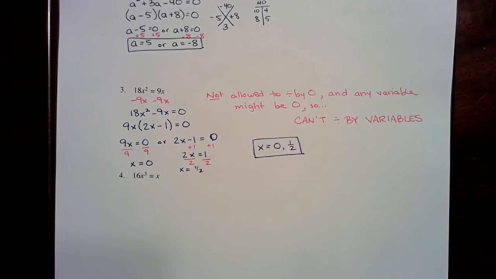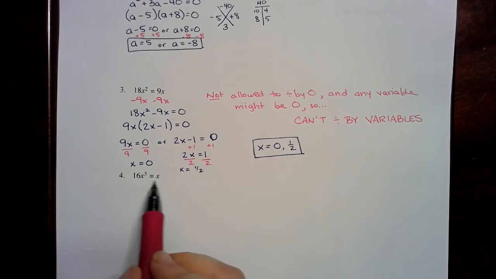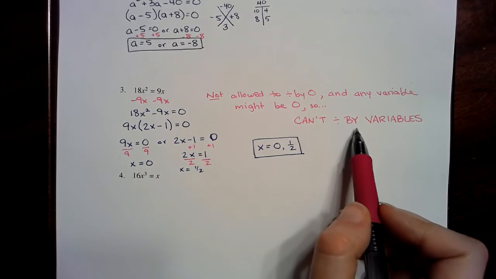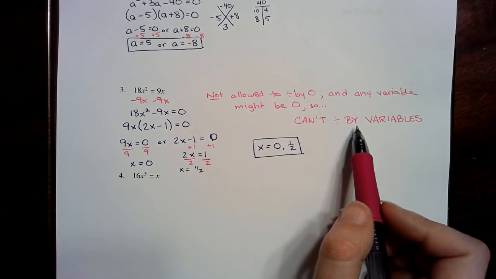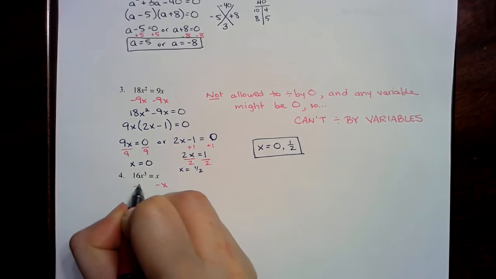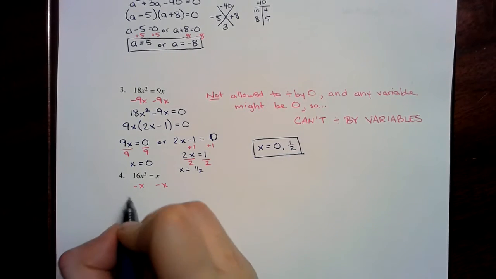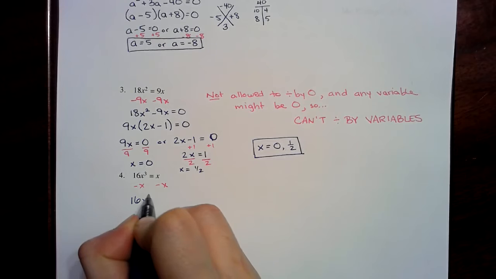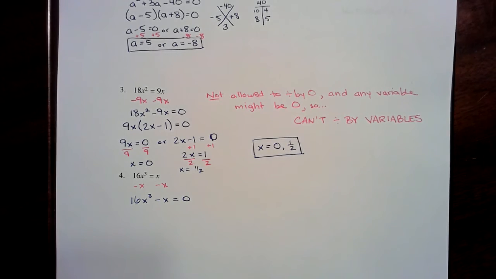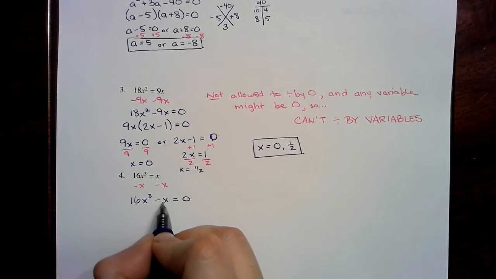Let's try that again. Again here, I really would like to divide by x, but I can't because it's a variable and I can't be dividing by variables. They might be 0. So instead, I will subtract x from both sides. And now I can solve by factoring.